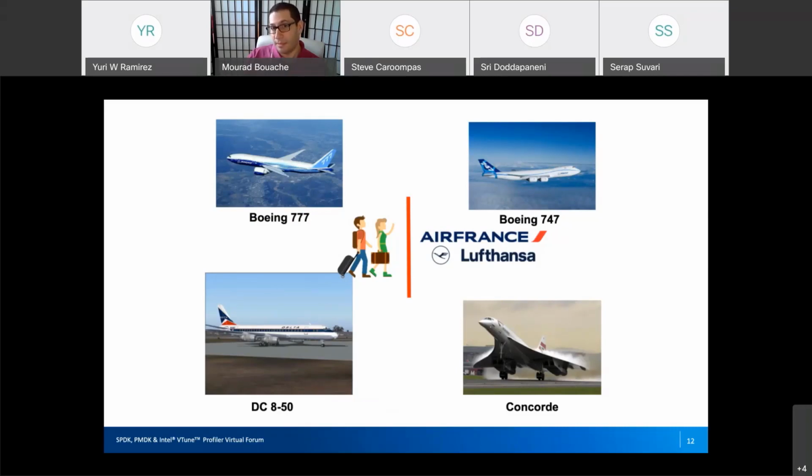Take it from the perspective of Air France or American Airlines: how are you going to select which aircraft to use for any specific trip? We are talking about the Boeing 777, 747, DC-850, and Concorde. Even more than that, which airplane you are going to buy for a specific trip or set of trips or travels.